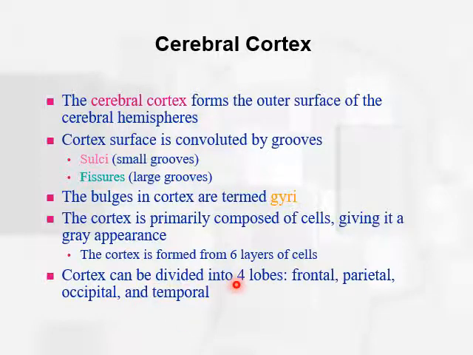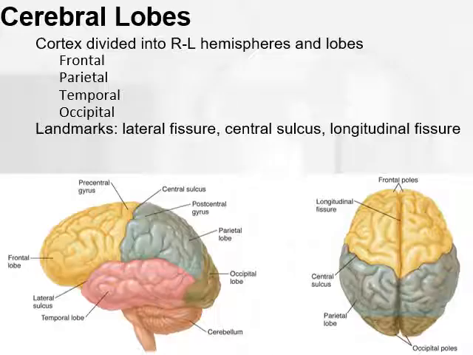So the cortex can be divided into four lobes: frontal, parietal, occipital, and temporal lobes. The small grooves here are the sulci, okay, and the large grooves like this are the fissures.